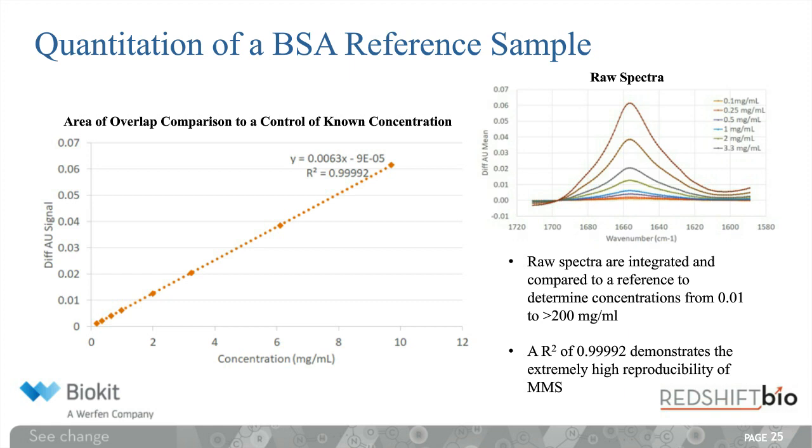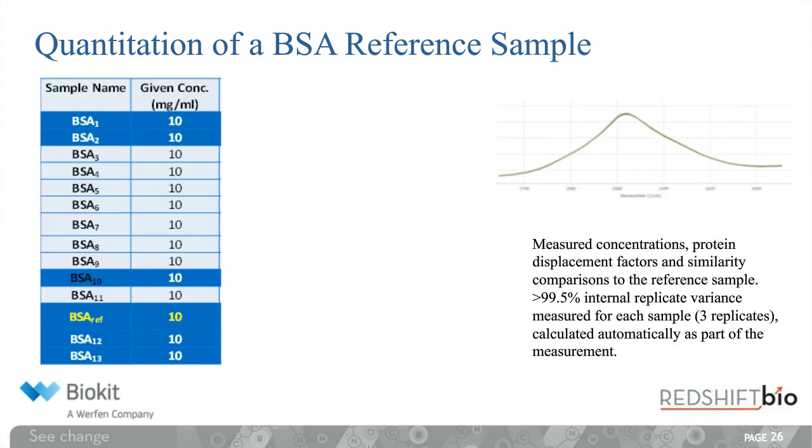Note that the correlation between BSA concentration and signal was larger than 0.999, which demonstrates the reproducibility of the AQS3 system. The given concentration of all BSA samples was 10 milligrams per ml.